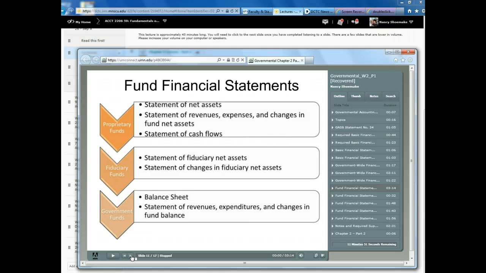They will have a statement of net assets, statement of revenues, expenses, and changes in fund net assets, and statement of cash flows. And those proprietary funds, the enterprise fund and the internal service fund, what kind of accounting is used? Is it the modified accrual in the enterprise and internal service fund? No, they use regular accrual.